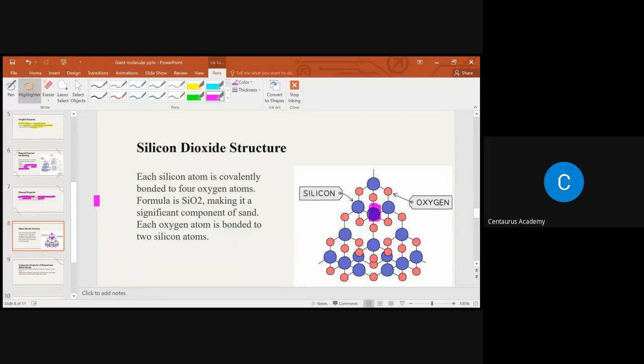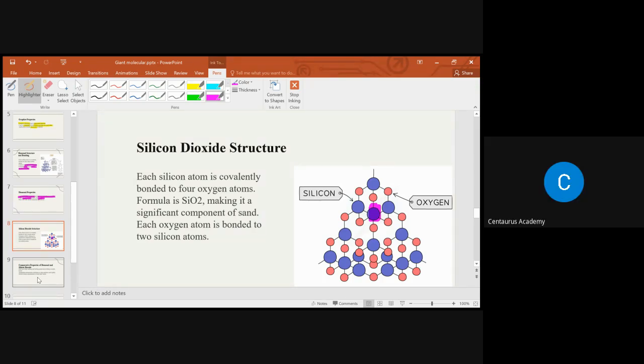Sometimes a question comes up where they ask you to compare and contrast why the properties of diamond and silicon dioxide are the same. Can someone tell me why the physical properties of silicon dioxide and diamond are the same? Similar, because they have the same structure.